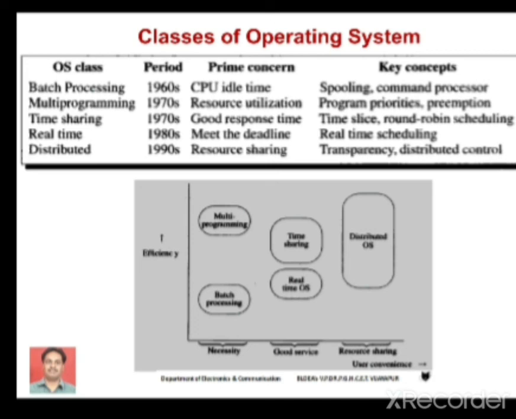Then next we have 2 operating systems, time sharing and real-time operating system. Their goal was to provide good service. However, the distributed operating system was developed keeping the concept of resource sharing in mind.